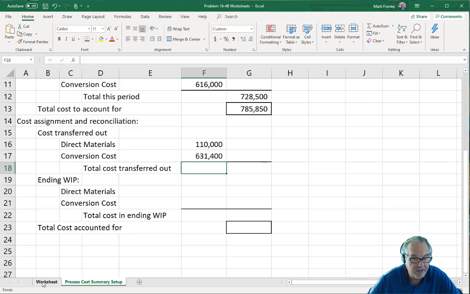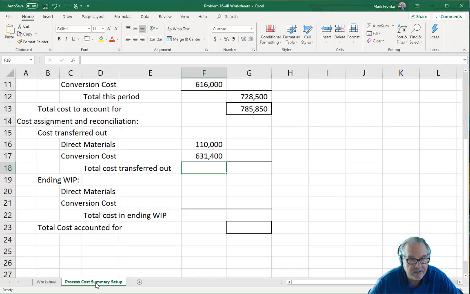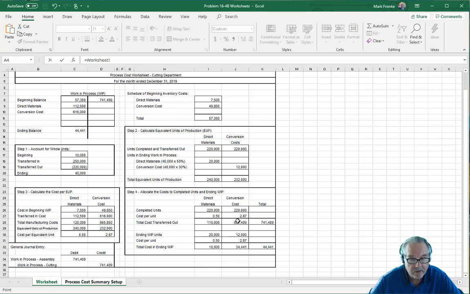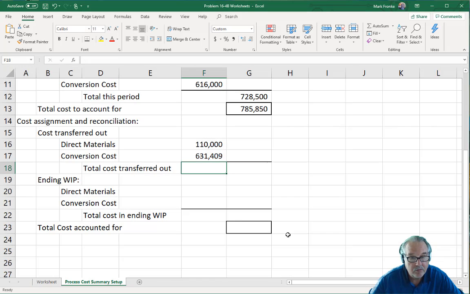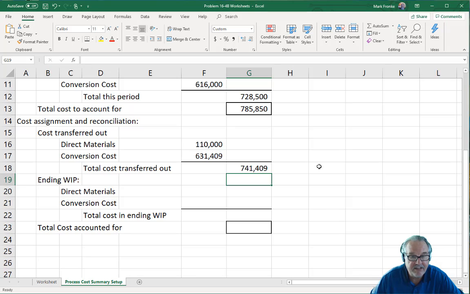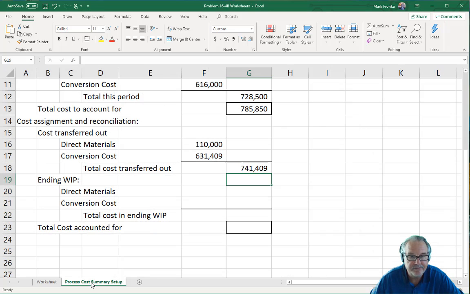These are the numbers that we calculated over here. Actually, let's do 409 since that's what we got. I'll just link it, which means when we add these together, our total transferred out cost was 741,409. That was our journal entry, if you remember.